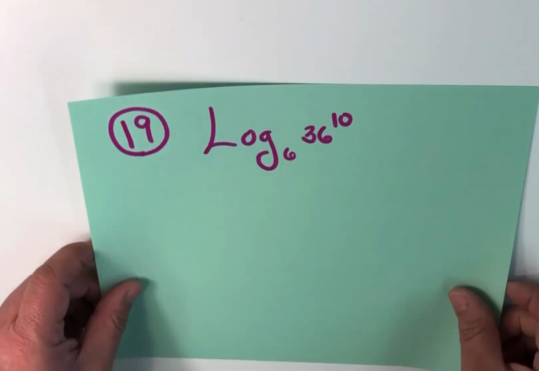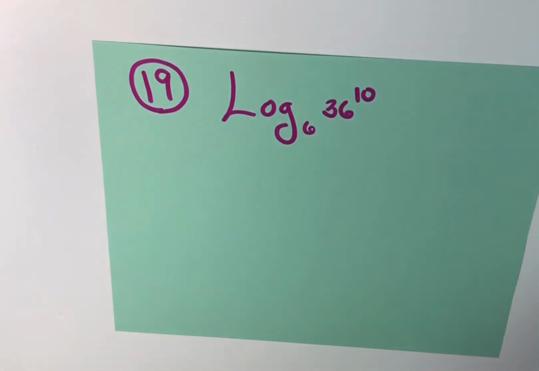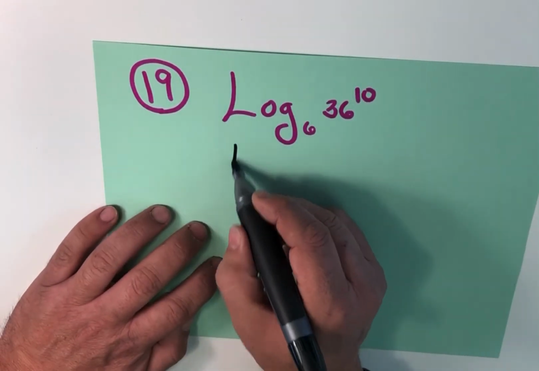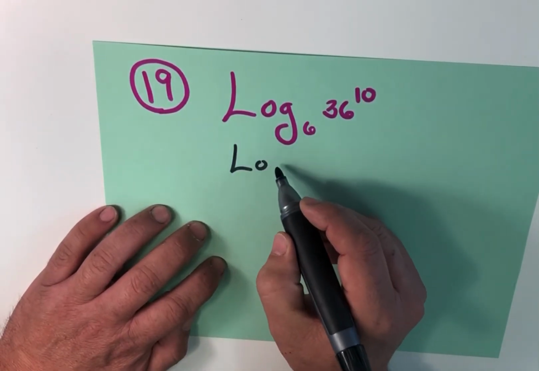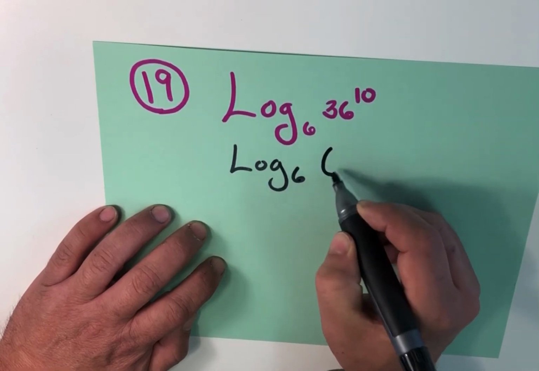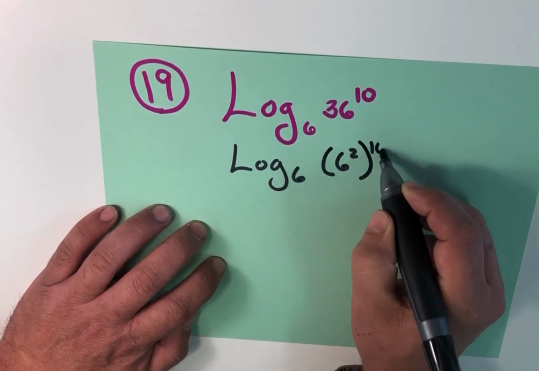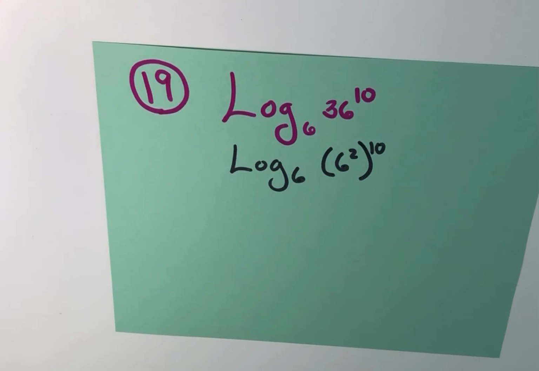Let's try it again. Number 19. I'm going to notice yet again that my base of my log is 6, and I can transform 36 into 6 squared. So I'm going to change it into the log base 6 of 6 squared to the 10th power. Okay.